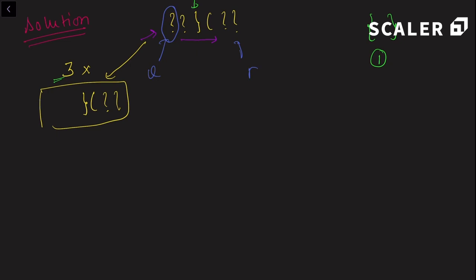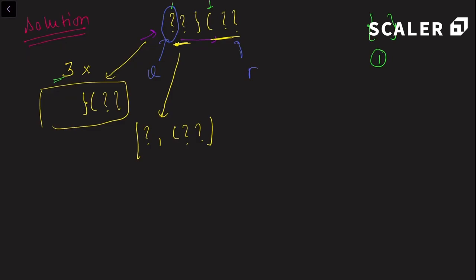If I assume that this is my opening bracket and this is my closing bracket, then I need to solve the subproblem of this string and this string separately. And similarly, now I take this as my closing bracket. But in this case, I can see that this is already not a question mark and it is an opening bracket.